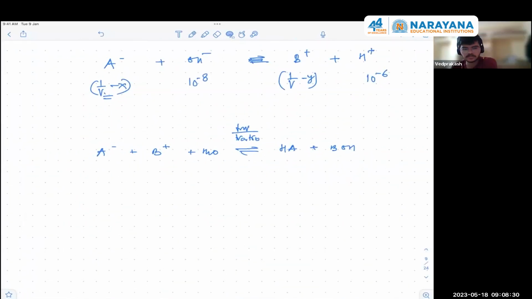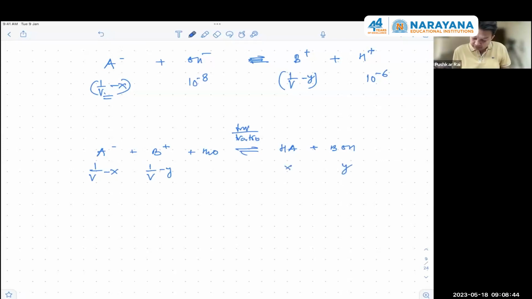So A is 1 by V minus X, B is 1 by V minus Y, and HA and BOH are X and Y. Okay. Now I equate these two products. As K equilibrium is 1, the product of the left hand side two terms and right hand side two terms is equal.